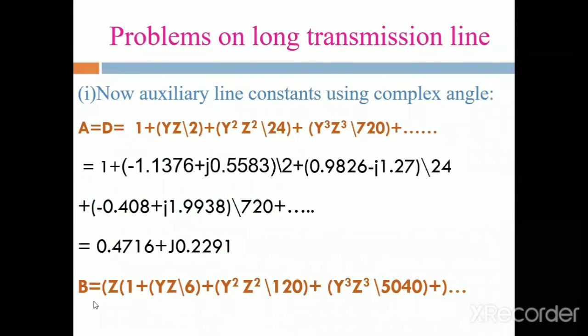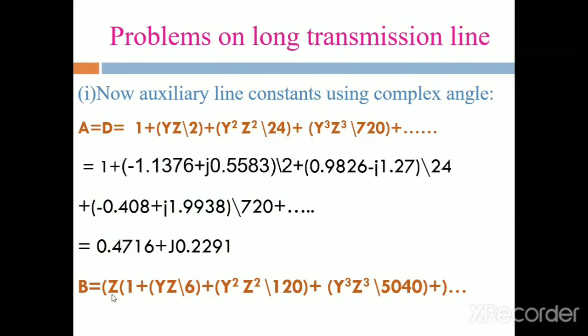Okay, this is the value for B by using this formula. What is that formula? B is equal to Z into 1 plus YZ by 6 plus Y square Z square by 120 plus Y cube Z cube by 5040 plus and so on.